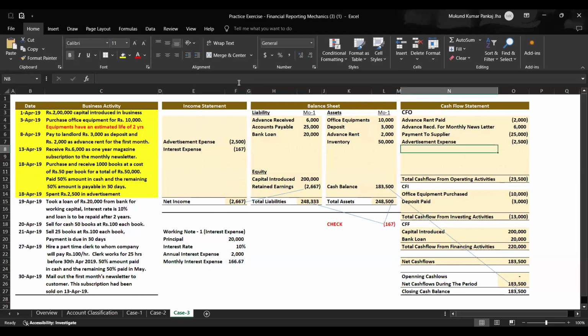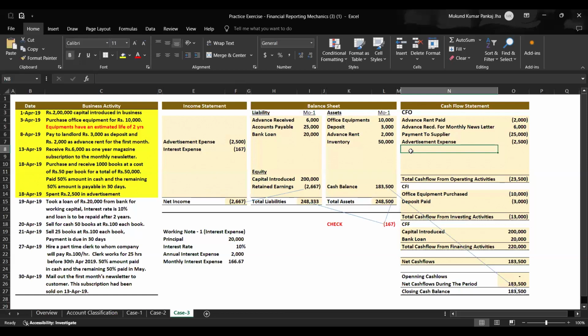And there are two widely used accounting conventions. One is US GAAP, one is IFRS. According to US GAAP, you should keep interest expense in CFO only. But according to IFRS, you have a choice whether to keep it in CFO or CFF. So keeping interest expense in CFO only satisfies both US GAAP and IFRS.